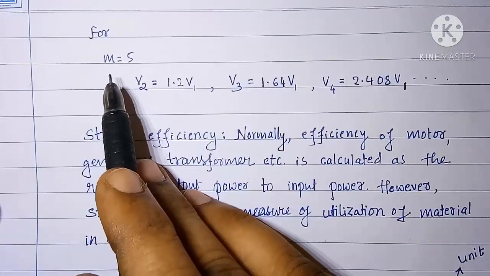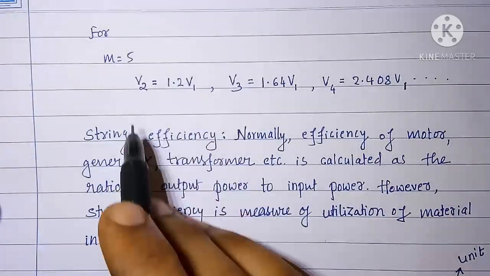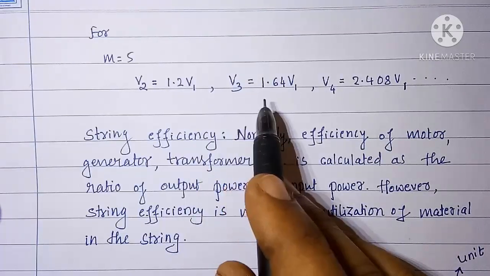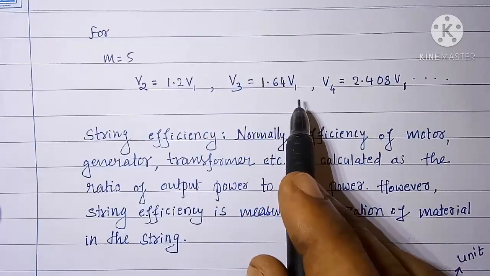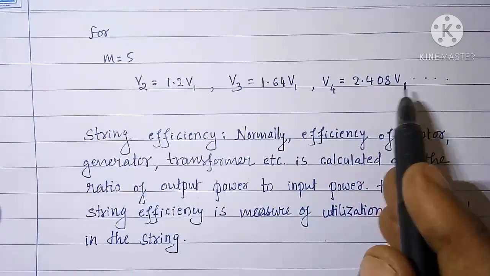There, we have calculated for m equal to 5, V2 equal to 1.2 V1, V3 equal to 1.64 V1 and V4 equal to 2.408 V1.